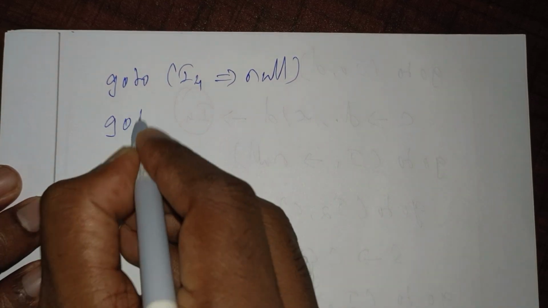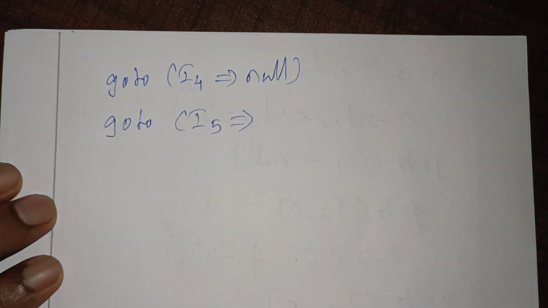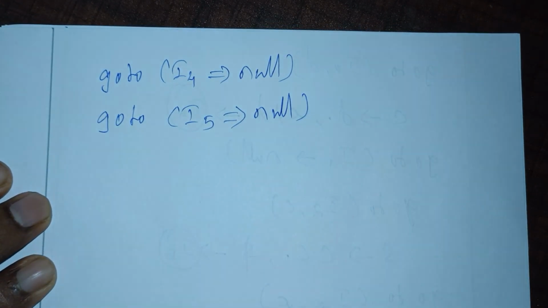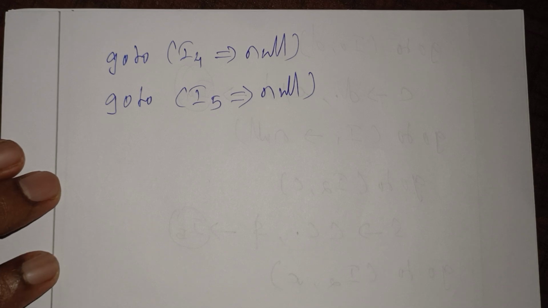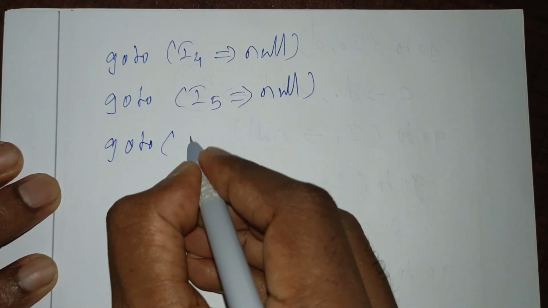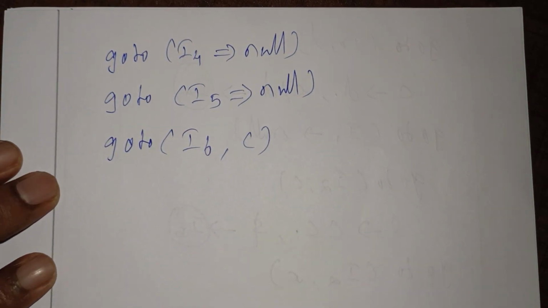So let me take you to the next iteration, iteration number 5. Iteration number 5 is also in a complete state, so I'm mentioning it as null, right? So let me take you to the next iteration number, that is Goto(I6, C).